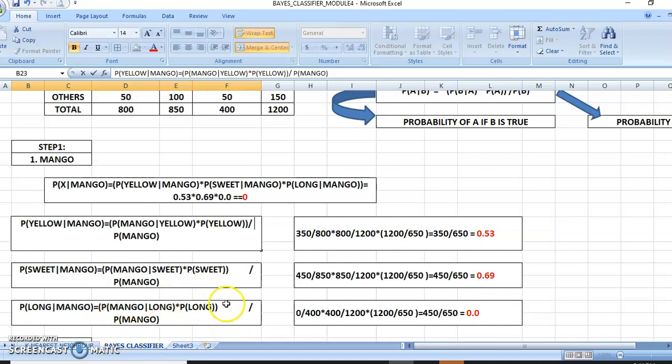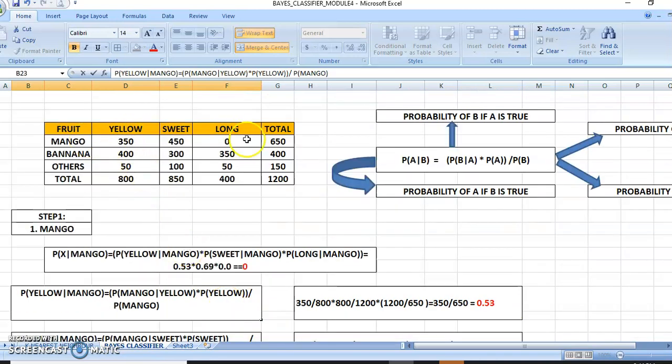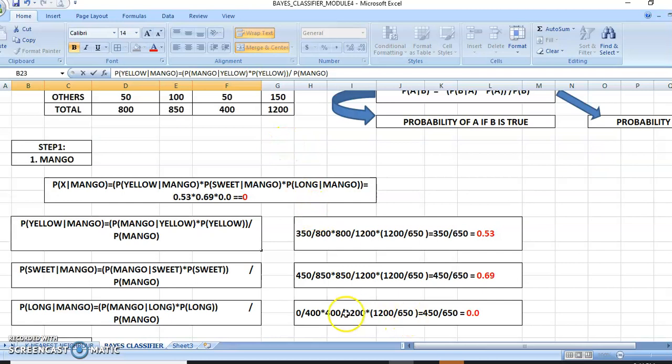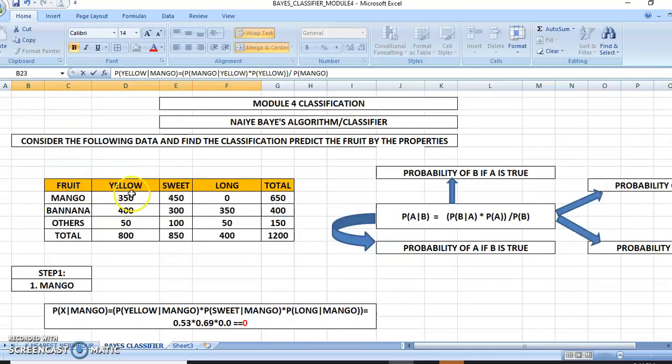The probability of mango being long is 0, so 0 divided by 400, into 400 divided by 1200, divided by 650 divided by 1200. As 0 has come, ultimately your answer turns out to be 0.